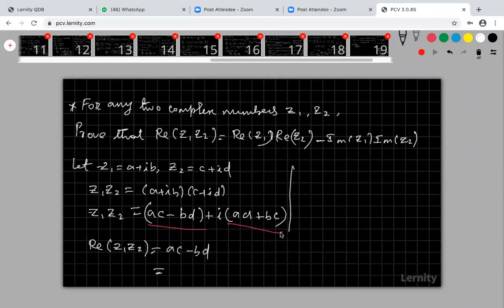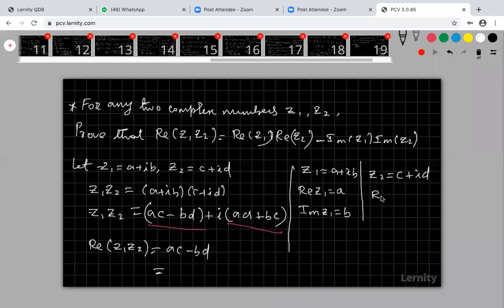Now in the first one, Z1 is A plus iB. What is the real of Z1? The real of Z1 is A, and the imaginary of Z1 is B. Come to the second number, Z2 is equal to C plus iD. The real of Z2 is C, and the imaginary of Z2 is D.